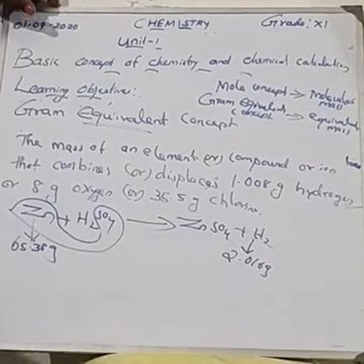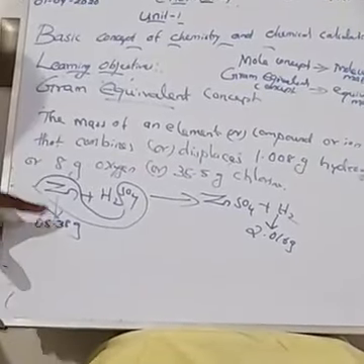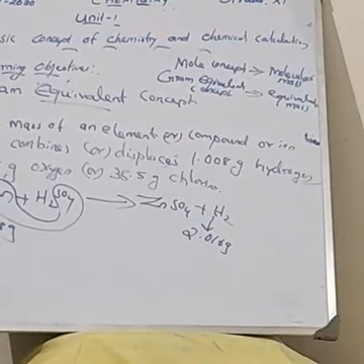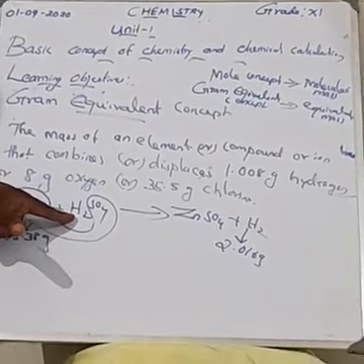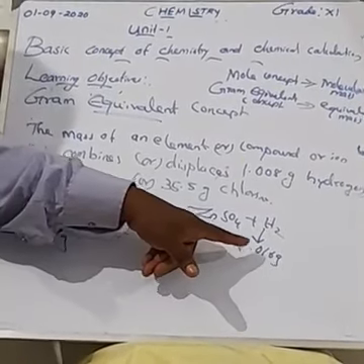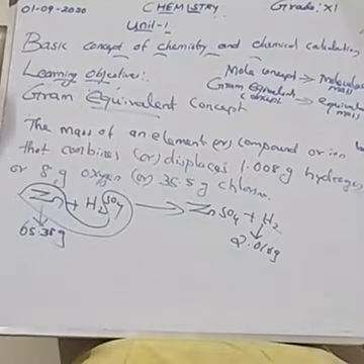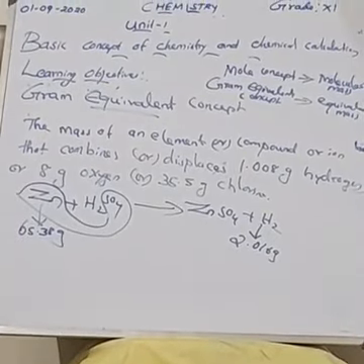So 1 atom of zinc displaces the hydrogen molecule, whose value is 2.016 gram.